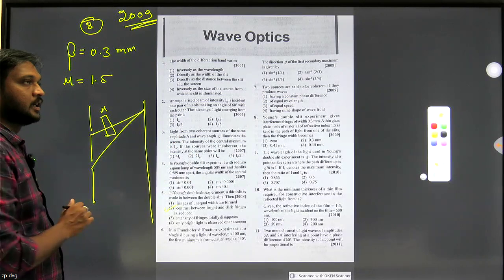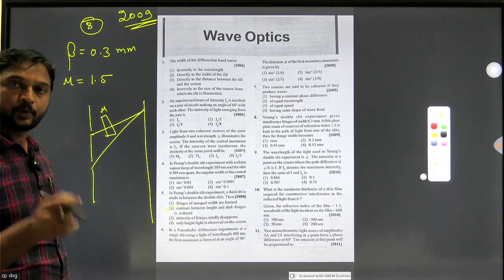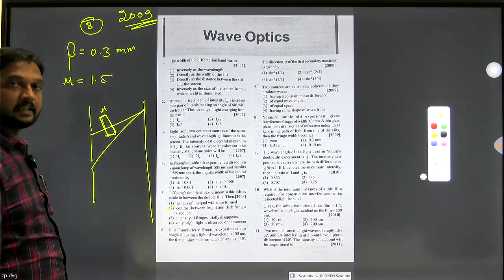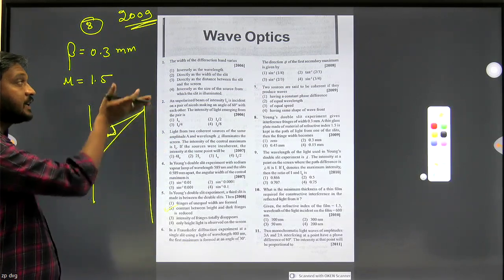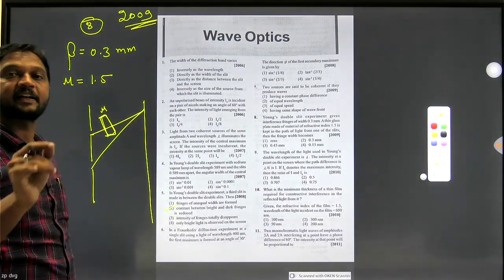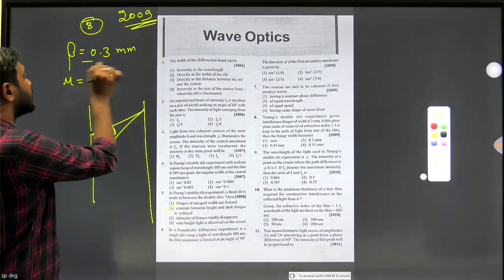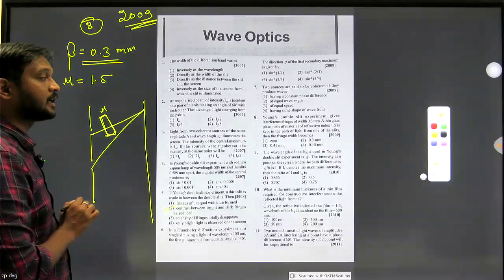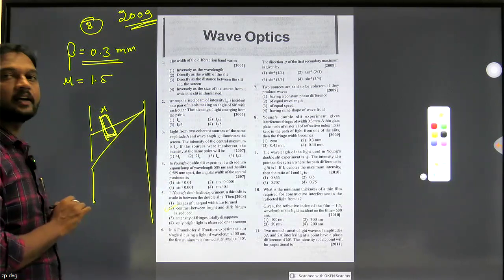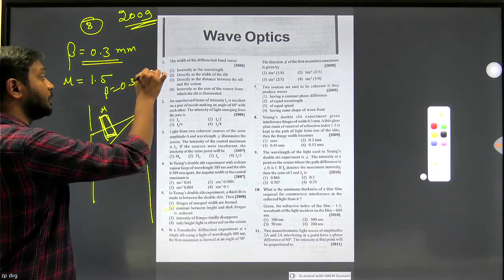Already you know that if I place any glass sheet of refractive index mu in the path of light, the interference pattern gets shifted, but the fringe width becomes unaffected. That's why the fringe width is 0.3 millimeter. So the answer is 0.3 millimeter only.